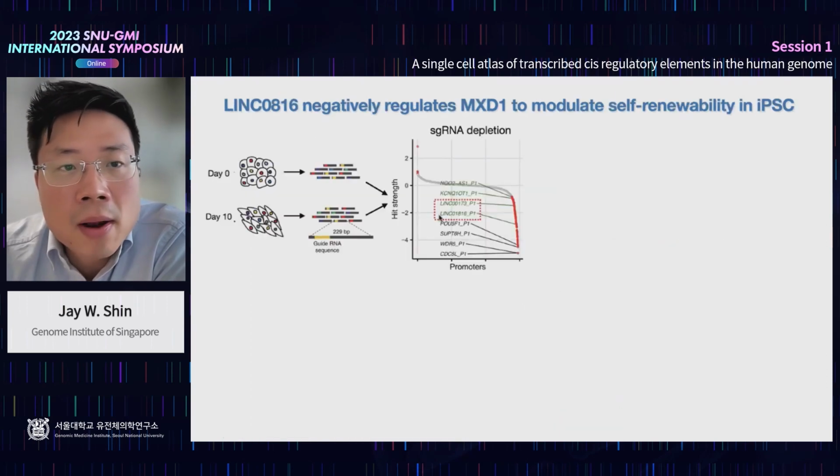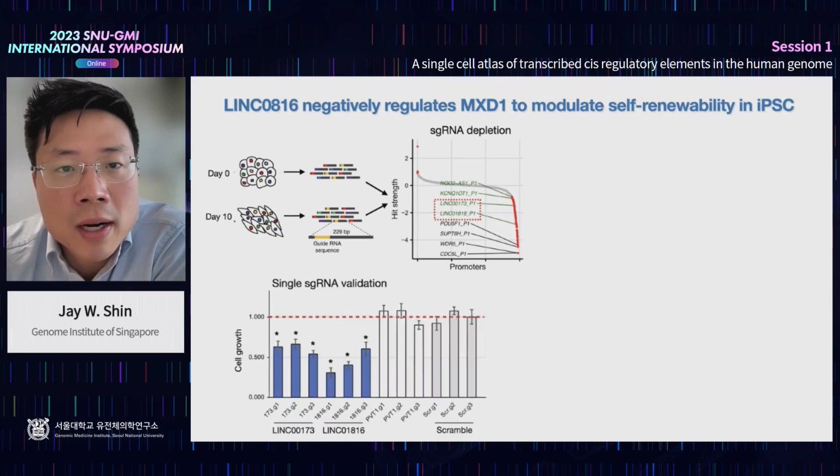Here's just an example of one non-coding RNA that was highly enriched, LINC1816 and LINC173, which are significant, what we call depleted, actually, in the cells during the iPS proliferation. This is very promising because other protein coding genes like POU5F1, which is the OCT4 gene important for pluripotency, is also depleted. And we were very intrigued by these two non-coding RNAs.